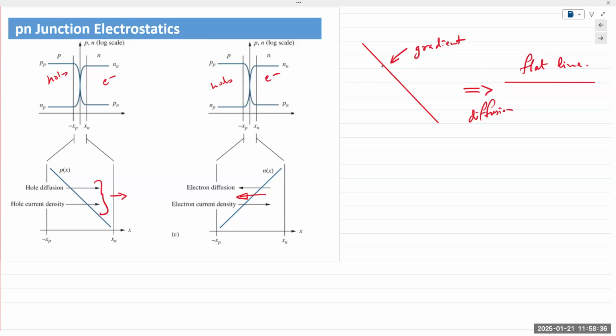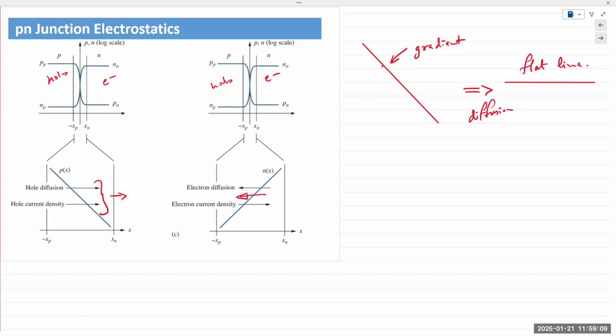Now, if we didn't know anything else about this, which is what the researchers realized, they would have expected that everything would just flatline and there would not be a p-n junction anymore, right? You'd have holes on this side, electrons on the right side. If they diffuse until everything is evenly distributed, then the junction would be gone because you now have equal concentrations of holes and electrons everywhere.